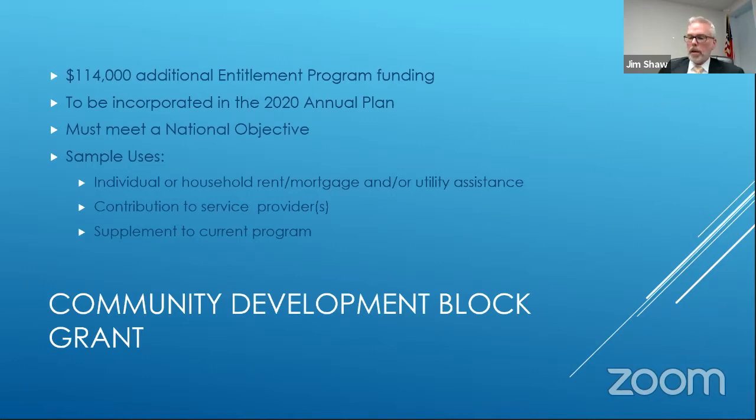What you can expect is that, unless directed otherwise, by July and August, we would return to the council with an annual plan that incorporates these funds. And I'm sure that we'll have conversation and planning ahead of that, but that would be the time frame that you could expect to see a hard and fast recommendation.